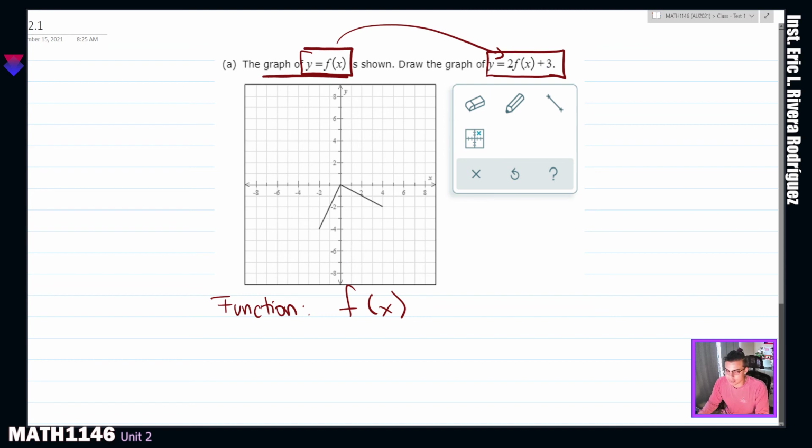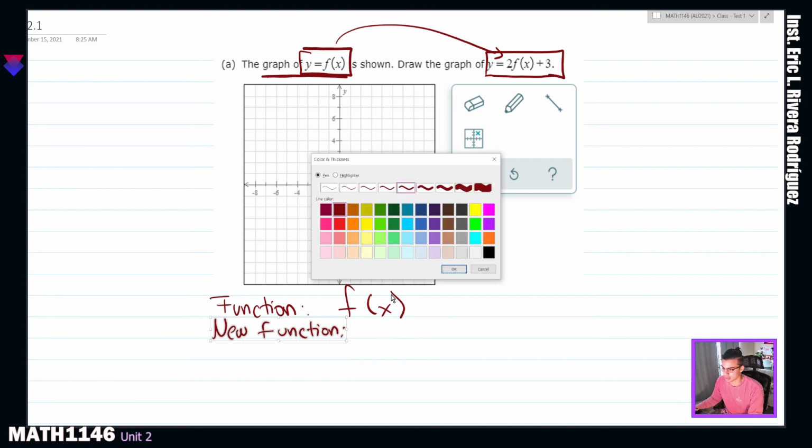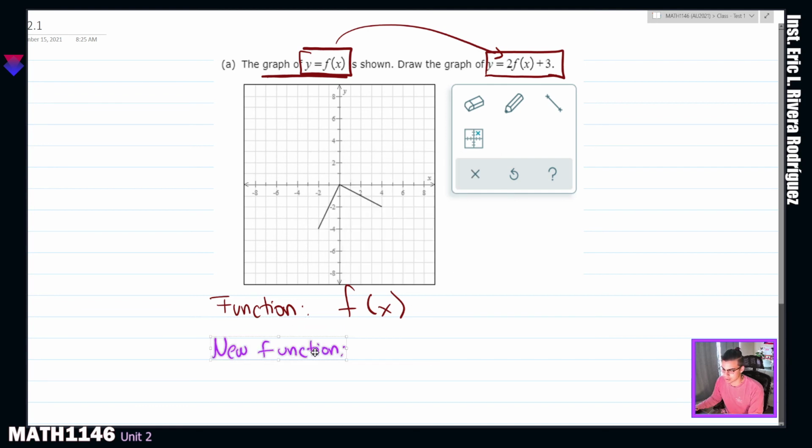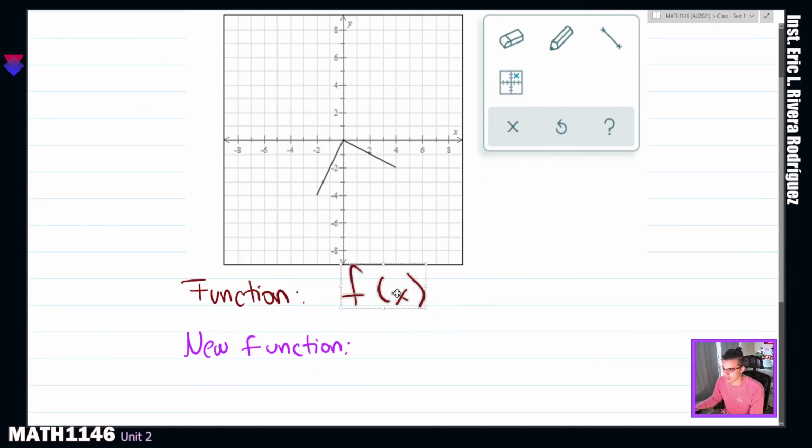The parent function of this exercise is f of x. I'm going to use a different color for the new function so we can identify it. To be consistent with the exercise, I'm going to use y equal f of x.